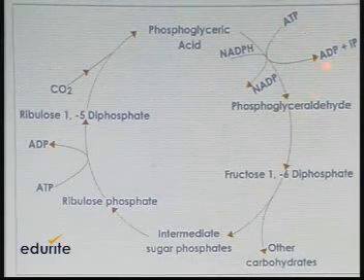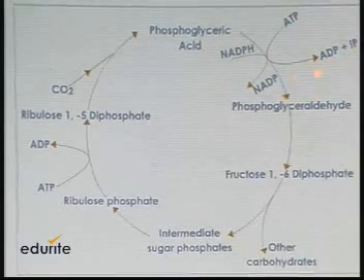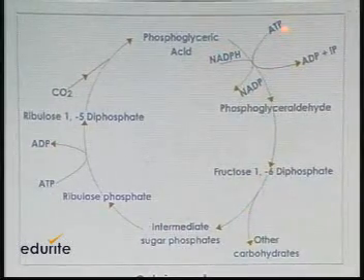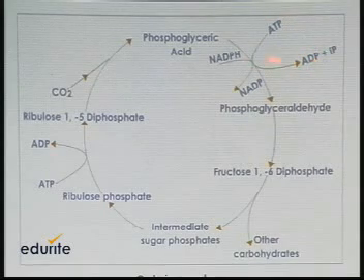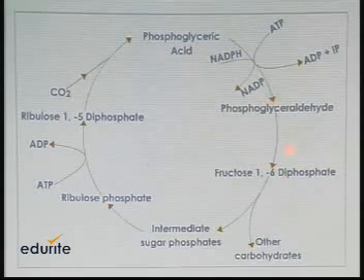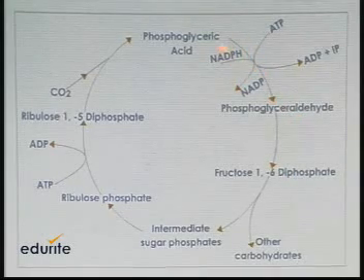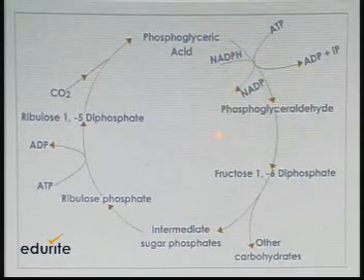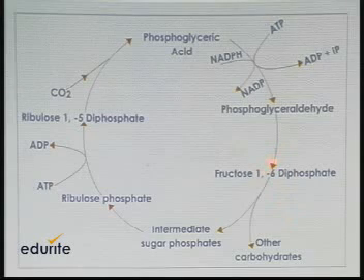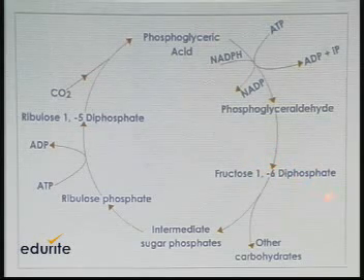These changes, beginning from PGA to PGAL, are brought about by ATP and NADPH. The important point to note here is that phosphoglycerate or glyceraldehyde phosphate molecules contain only 3 carbon atoms.